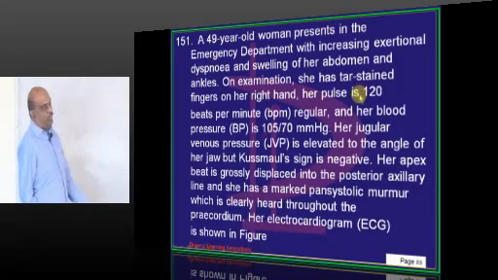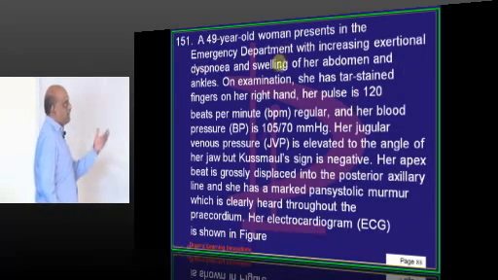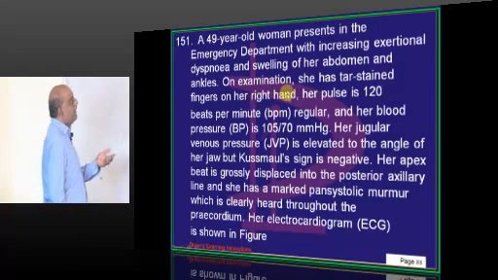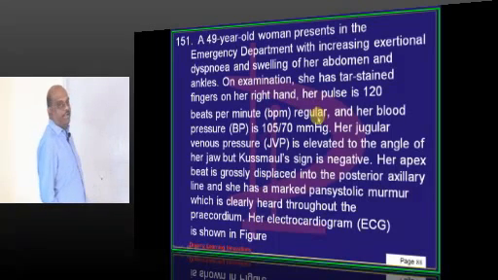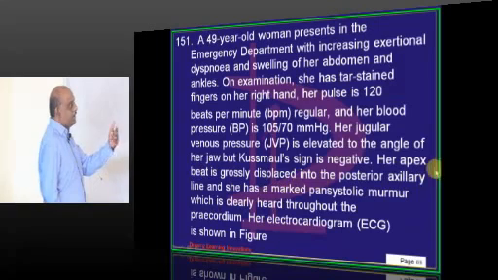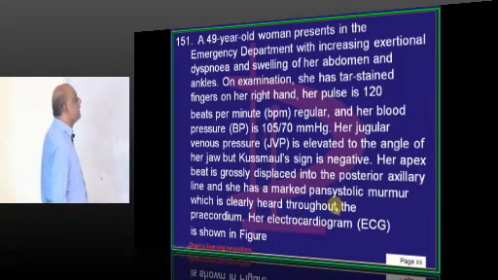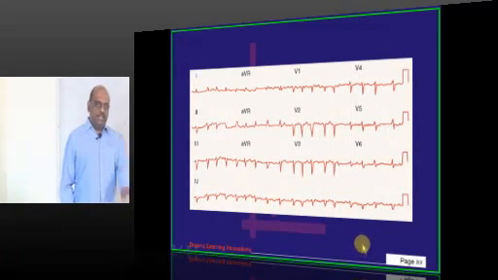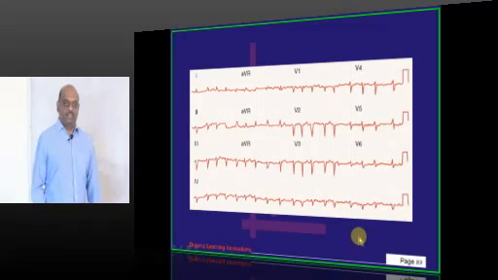A 49-year-old with increased exertional dyspnea and swelling, and on examination she has star-stained fingers in the right hand, JVP is elevated, Kussmaul is negative, and apex beat is grossly displaced into the posterior axillary line. There is a pansystolic murmur and her ECG is being shown. First, when you see an ECG, look at the rhythm and axis.